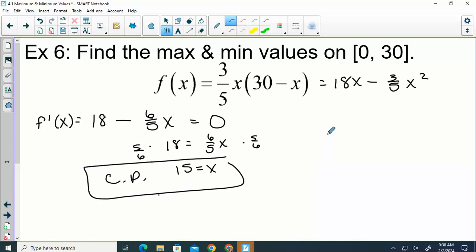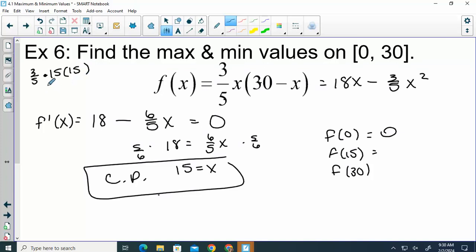That is our critical point. Okay, so to find the maxes and mins, we have to test both endpoints and our critical point. So if we put in 0, we get out 0. If I put in 15, 3/5 times 15, 30 minus 15 is 15.